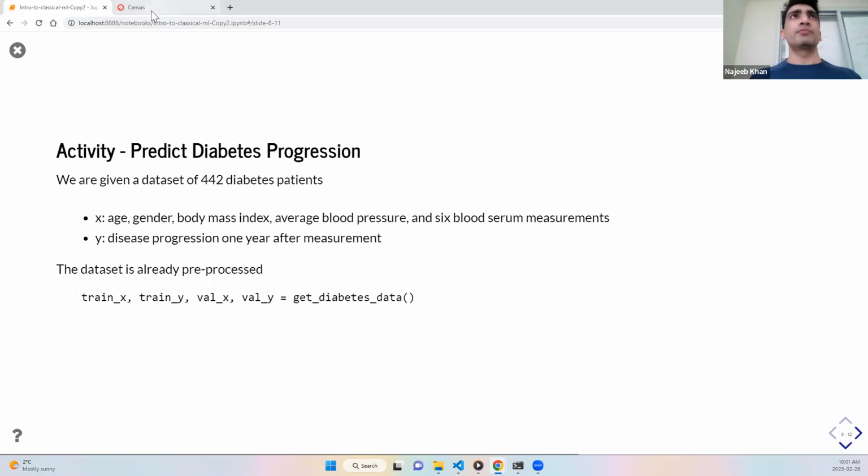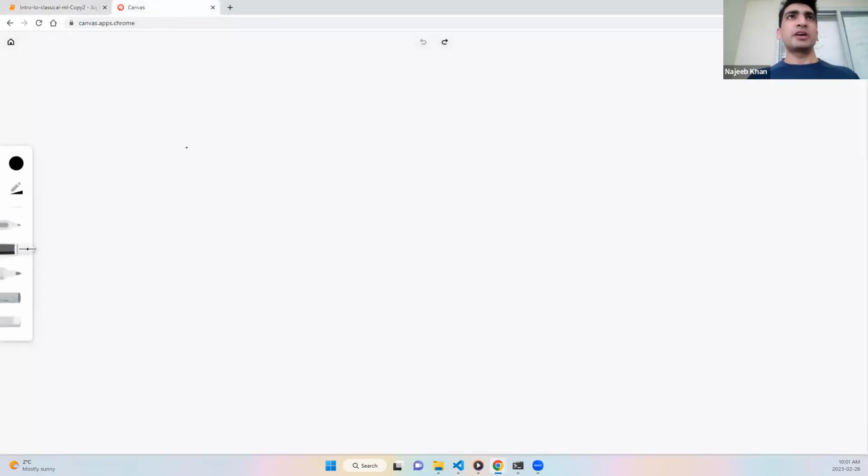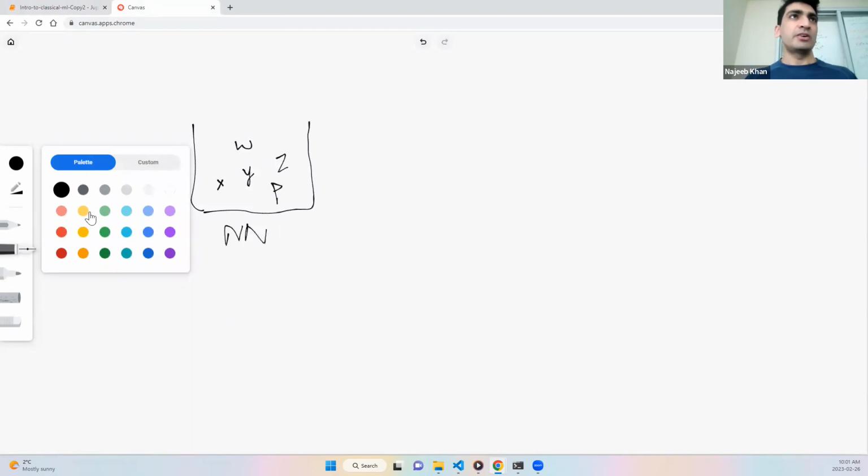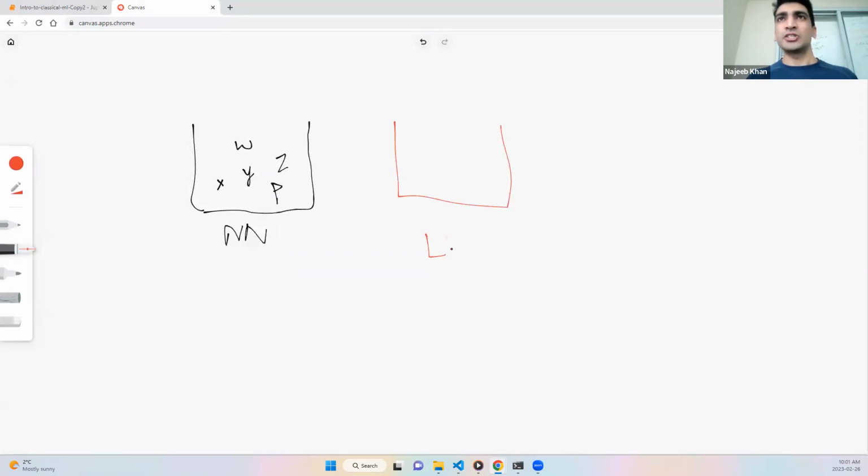Yes, so I will draw here. If you have a basket of models, let's say X, Y, Z, W, P, this is the neural network basket, and here is another basket of models, let's say linear regression, and these are like 1, 2, 3, 9.